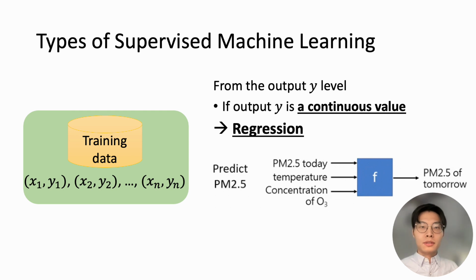In comparison, when the output is a continuous value, we call it a regression problem. For example, when a task is to predict the PM 2.5 of tomorrow using today's PM 2.5, temperature, and concentration of O3, this will become a regression problem because the output PM 2.5 of tomorrow is a continuous value.